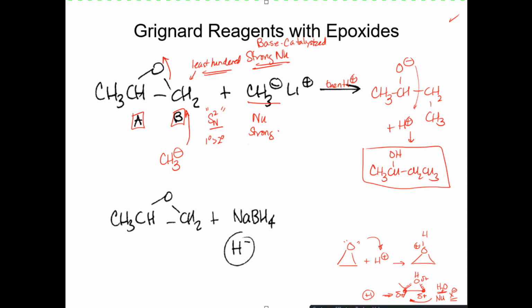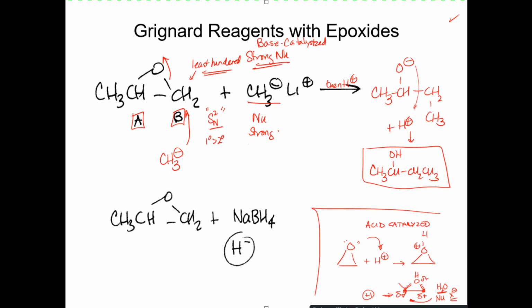So in this case, we can open up an epoxide with a Grignard reagent, but the regiochemistry changes from down here where it was acid catalyzed, which is also a misnomer, but it changed from the acid catalyzed reaction to, in essence, a strong nucleophile ring opening.